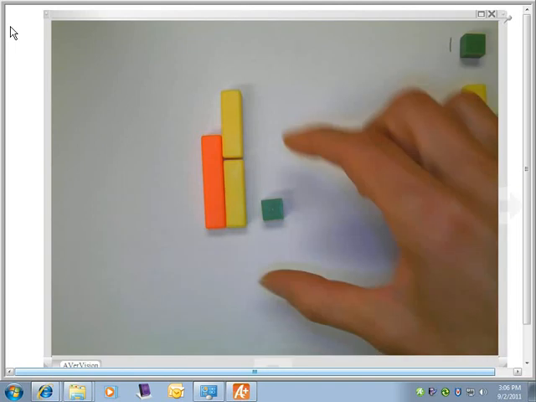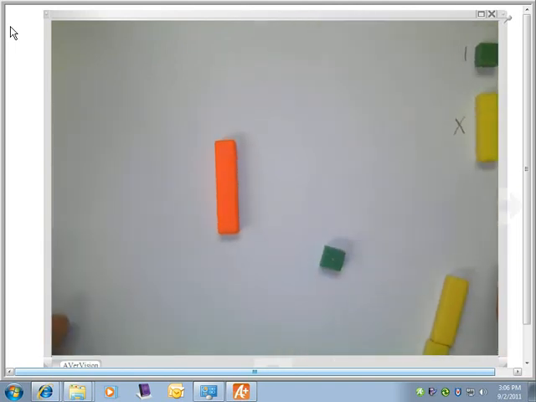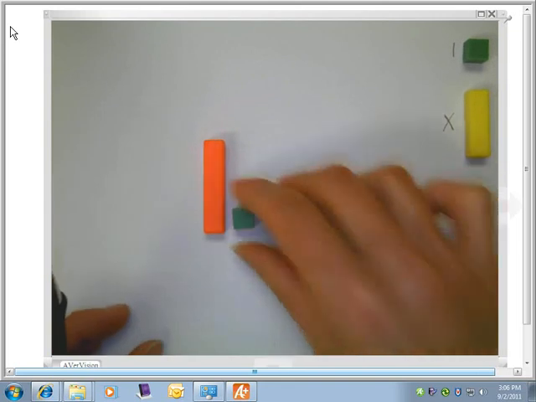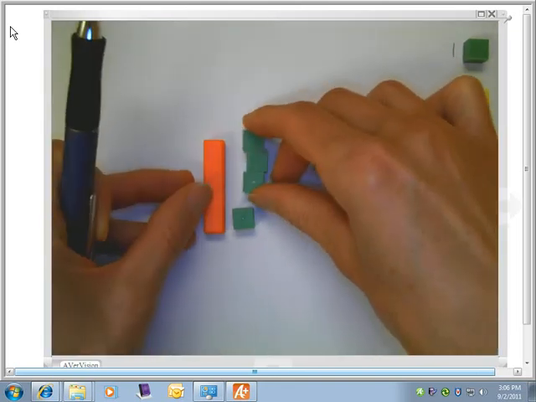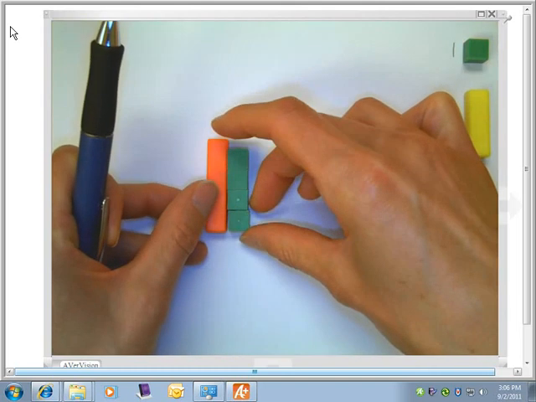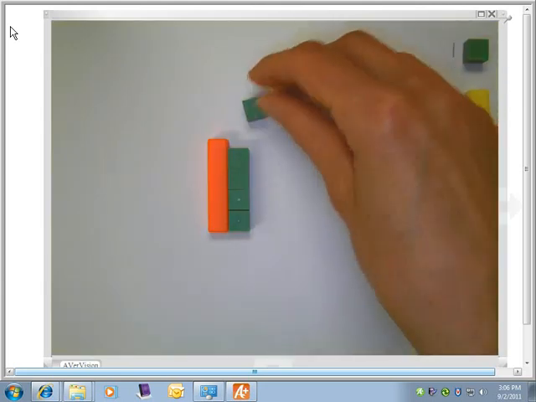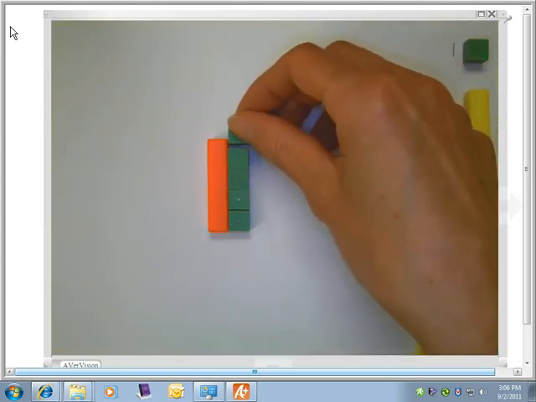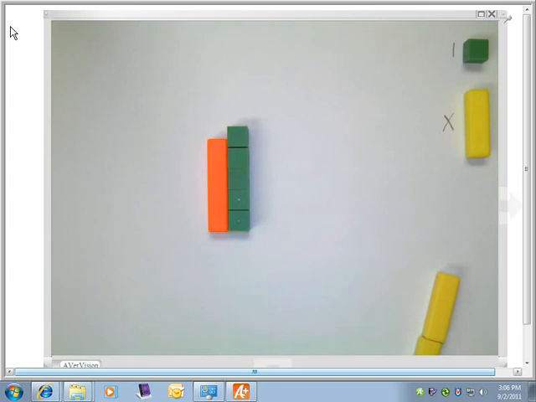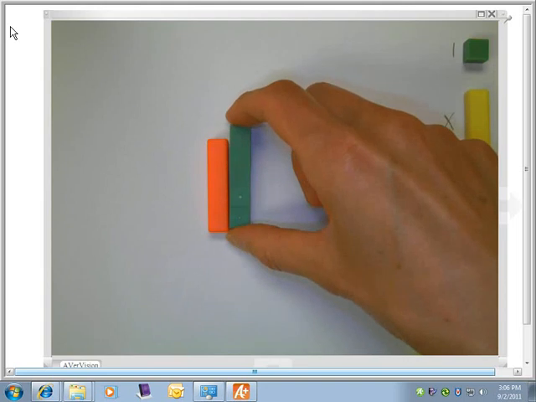Well, let's check the green again. Definitely not 4 green. And it's not 5 greens. So once again, we don't know what our orange is.